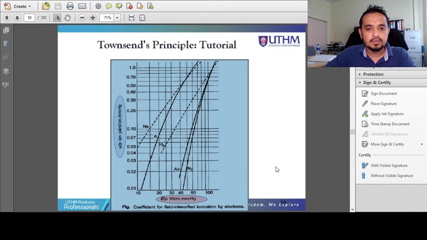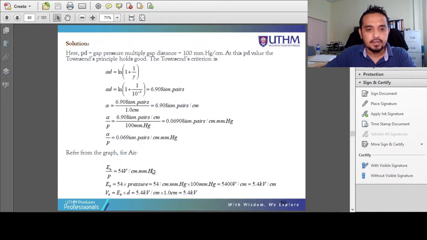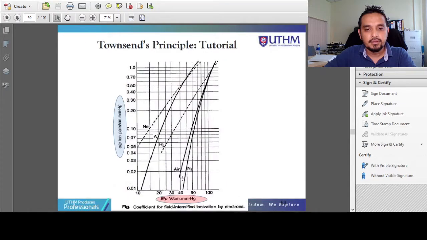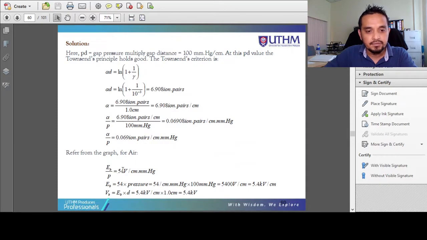If we look here and refer to the graph for air, at this point they intercept at 54 volt per centimeter, as we calculated before. The ratio of the electric field over the pressure is this value, which is actually 54.